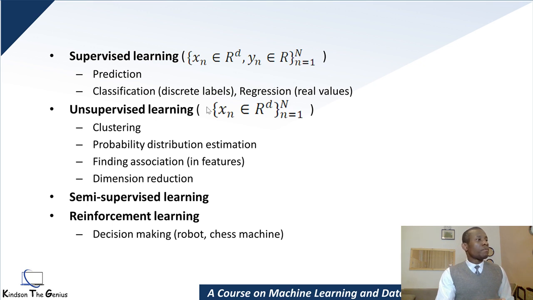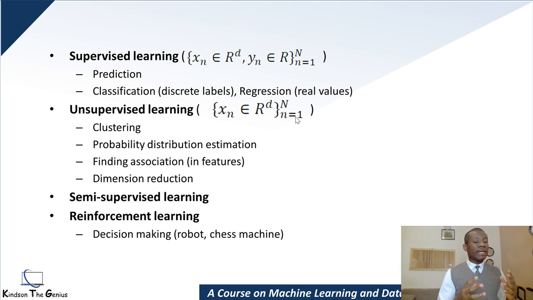Okay, so here we have x, which is a d-dimensional real number, from 1 to n. It can be an empty set of data. So here we have only x values, we don't have corresponding y values. So here we also have probability distribution estimation, which is probability density estimation.